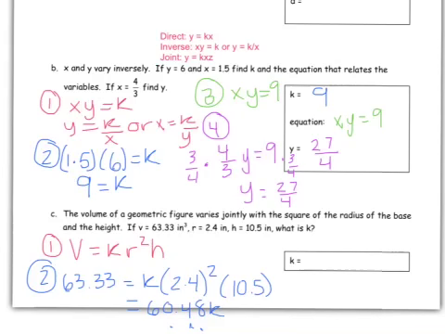So 60.48K equals 63.33, and I'll divide by that 60.48, and then you get K is 1.05. And that was all that they asked you to find on this one.